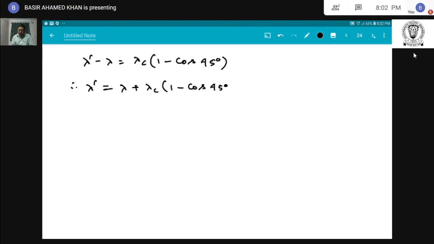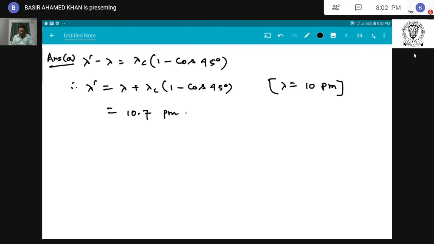Here lambda equals 10 picometer. Therefore, it becomes 10.7 picometer. This is answer A.